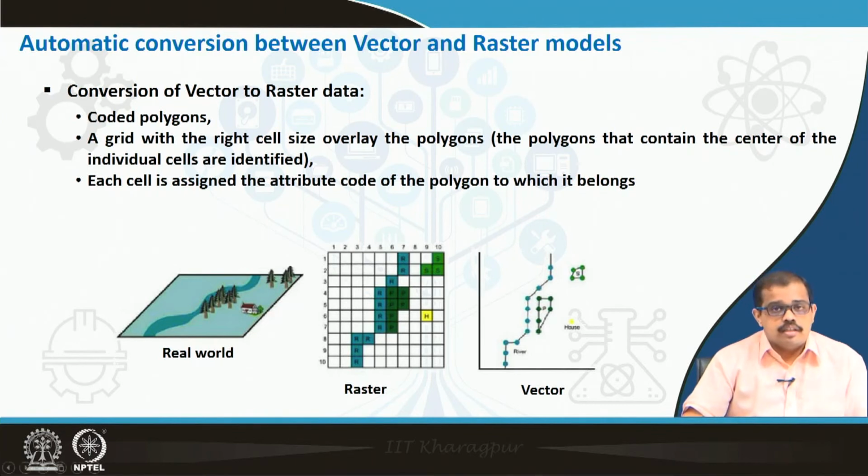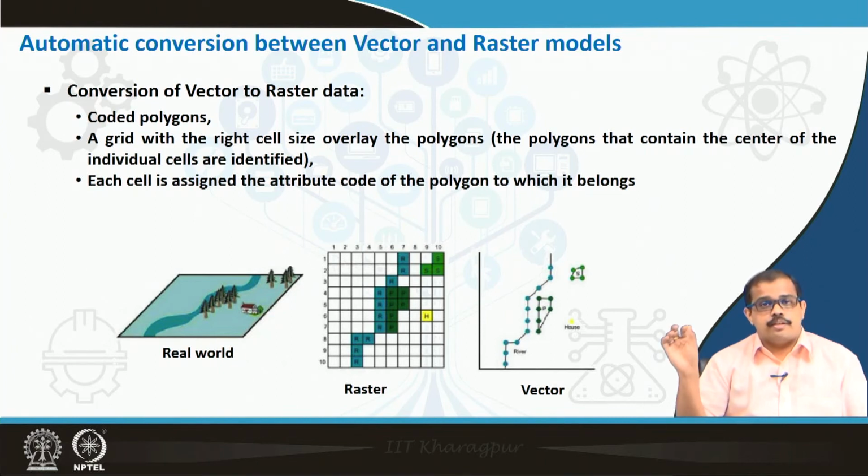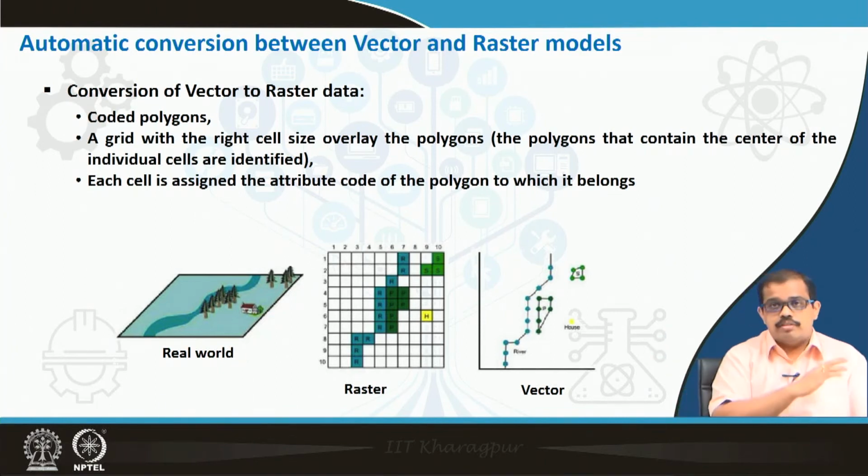The size of the vector information is equivalent to the size of a raster cell. Each cell is assigned the attribute code of the polygon to which it belongs. Okay, I have already shown how it is done, but just to signify how the attribute code belongs.